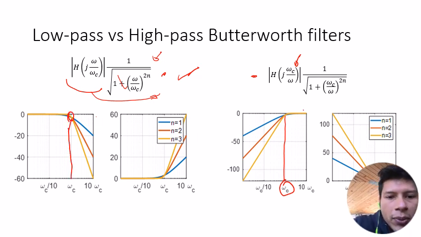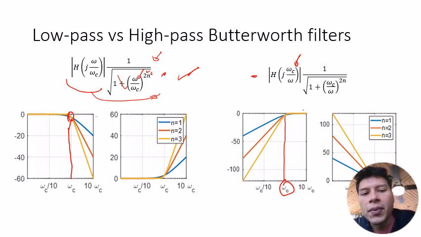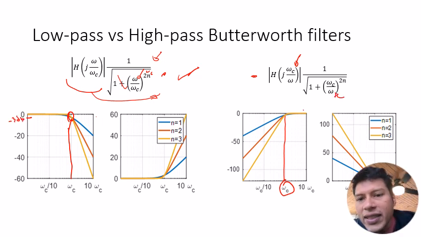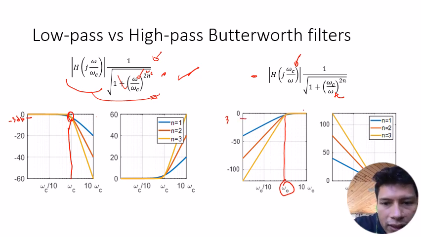So basically, if I plug in omega c here, I'm going to get 1. So I'm going to get 1 over the square root of 2, which is our -3 decibels. And if I plug in omega c here, I'm going to get 1 over the square root of 2, which is -3 decibels.